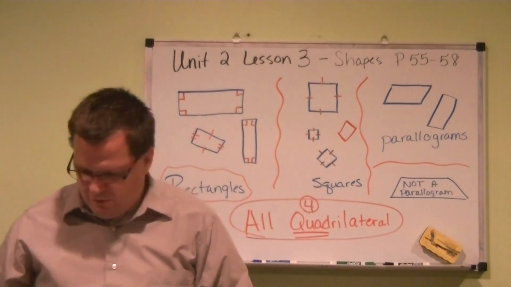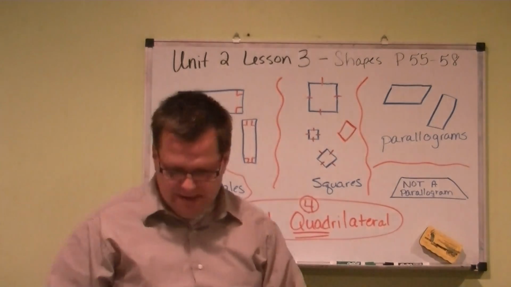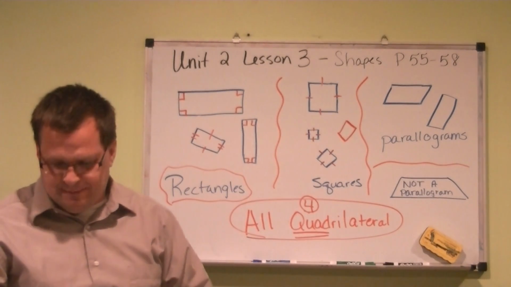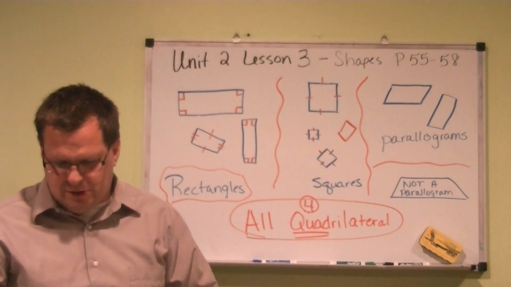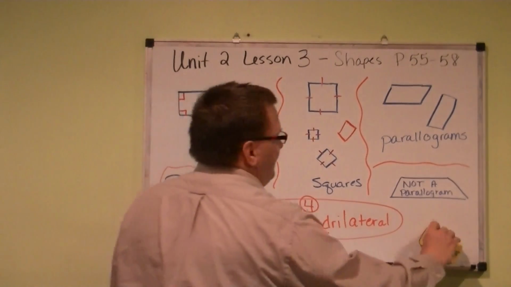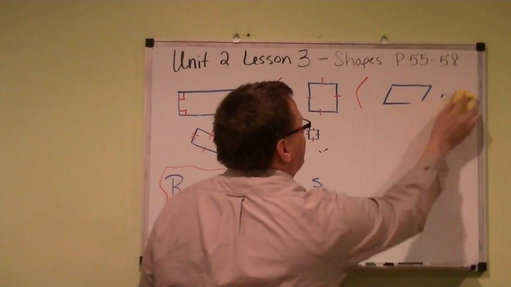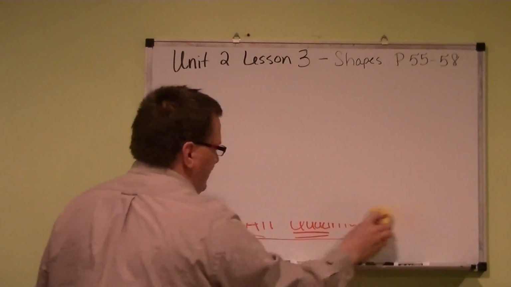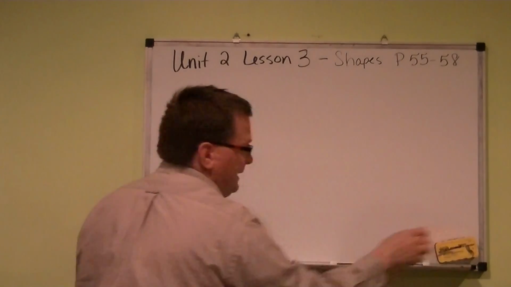Now we're going to skip page 57, but on page 58, we're going to look at those because it says use as many words below as possible to describe each figure. And the very first one they give us looks like a square. I'm sorry, a rectangle. Let's draw that rectangle as best as I can.